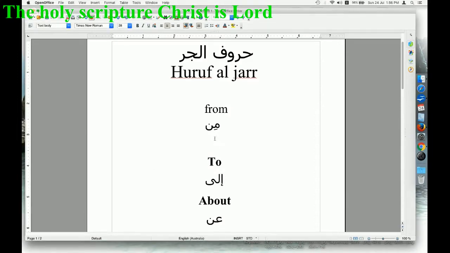Let us say خرج. خرج means he left, he went. من البيت. البيت means house. خرج من البيت. He left from home.